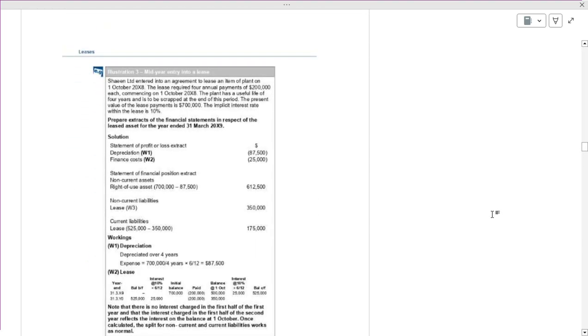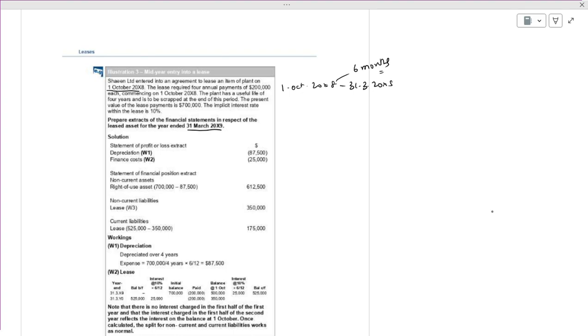Sheen entered into an agreement to lease the plant on 1st October. And they are talking in terms of 31st March. From 1st October 2008 till 31st March 2009, how many months will it be? 6 months.